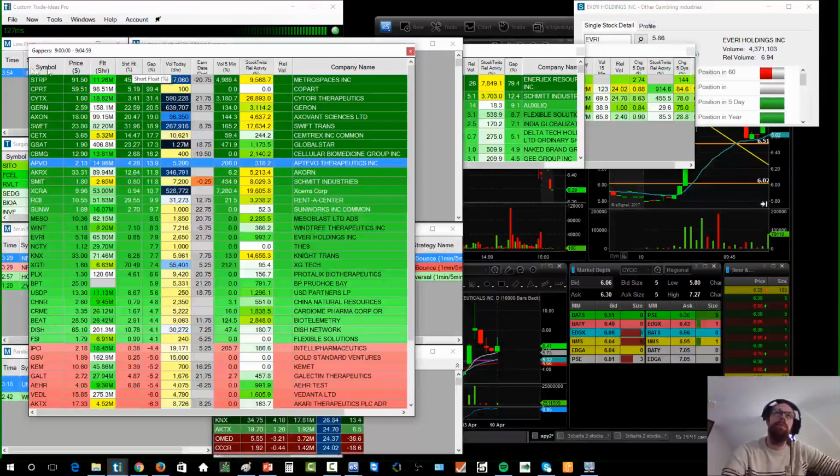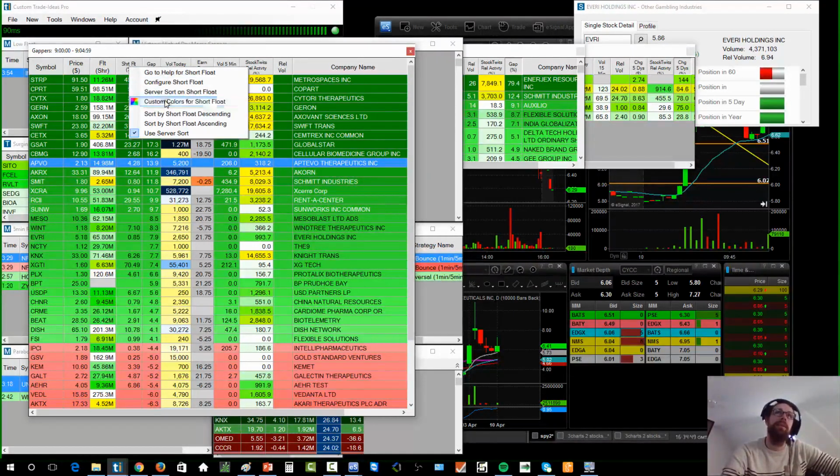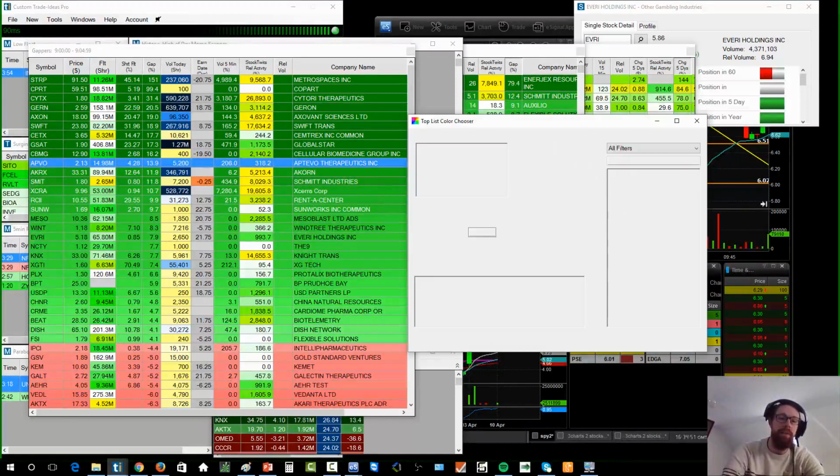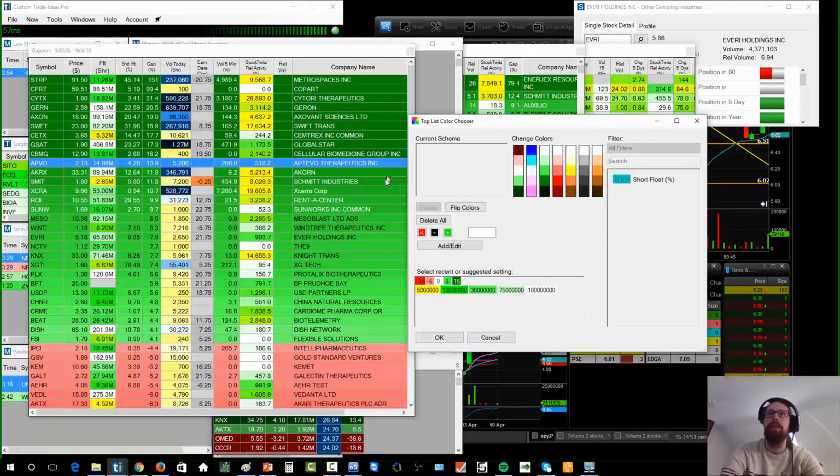No coloring specific for the short float or for gap, although realistically, it might not be a bad idea to add coloring for short float, because if you have a stock that has a short float of more than maybe 40%, it's significant. So how would I do that? I could go in here and say, let's see if I click on that.